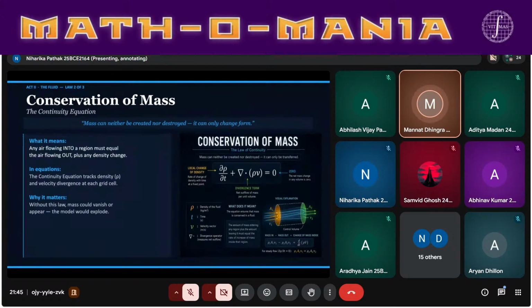It wouldn't make any sense. The model would just explode. So that is the basic ideology of conservation of mass. These are the most important points and conditions which we should remember while solving the continuity equation, or when we are doing any numerical based on it, right?